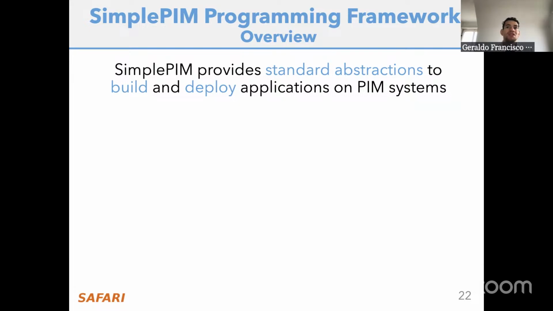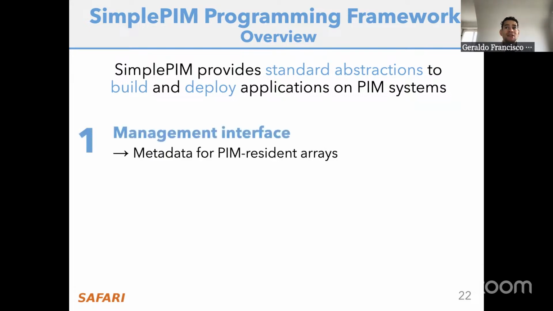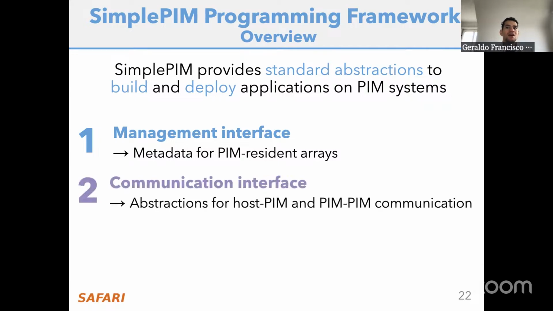SimplePIM offers three key interfaces to support PIM systems like UPMEM. First, the management interface stores metadata for PIM-resident arrays, which can be accessed by the programmer and other parts of SimplePIM as needed. Second, the communication interface provides abstraction for both host-to-PIM and PIM-to-PIM communication patterns.